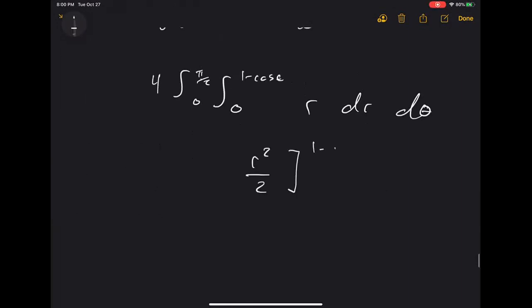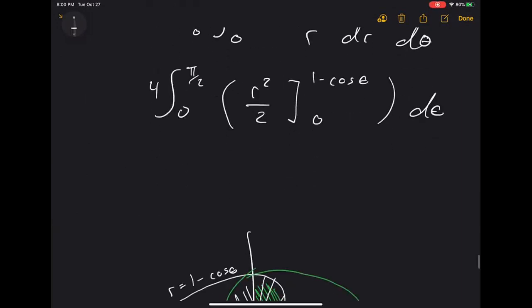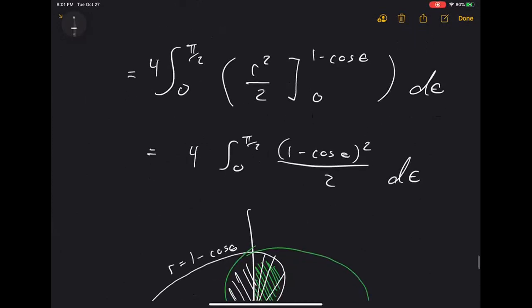Evaluate it for my bounds. When I plug in my bounds, I get the integral of (1 minus cosine theta) squared over 2 d theta.